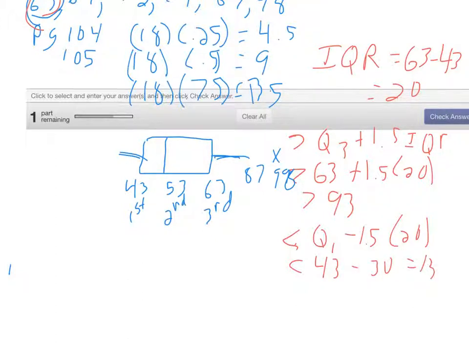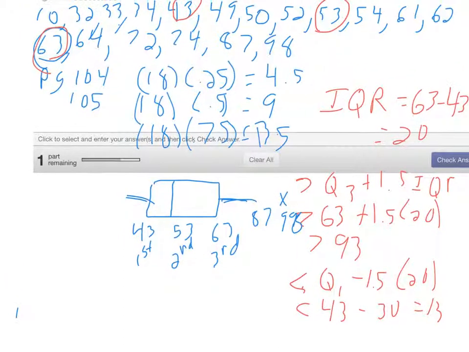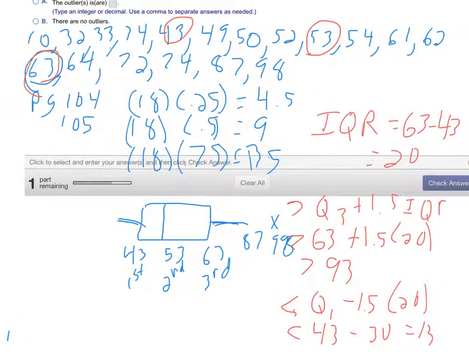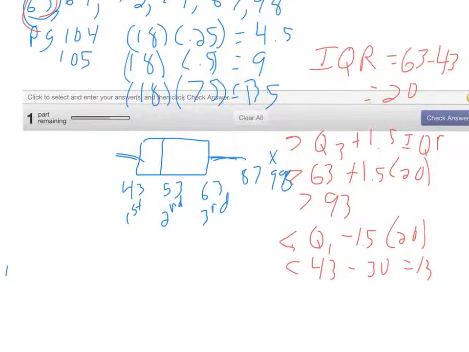Do we have anything smaller than 13? So if I come up here, this score is 32, and we do have one score that's 10, so it would be an outlier. And so to finish my box plot here, I'd have it come down to 32, and then we'd have an outlier of 10. And so we got two outliers, a 10 and a 98.